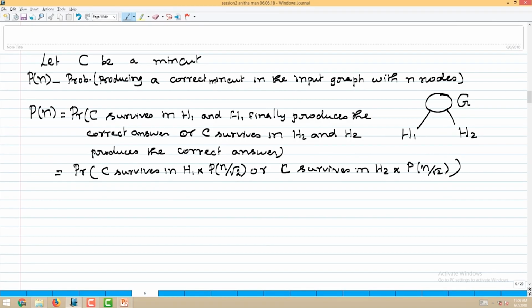Okay. Now, we will first find the probability that C survives in H1. Okay. So, to estimate this probability, you can define some event.